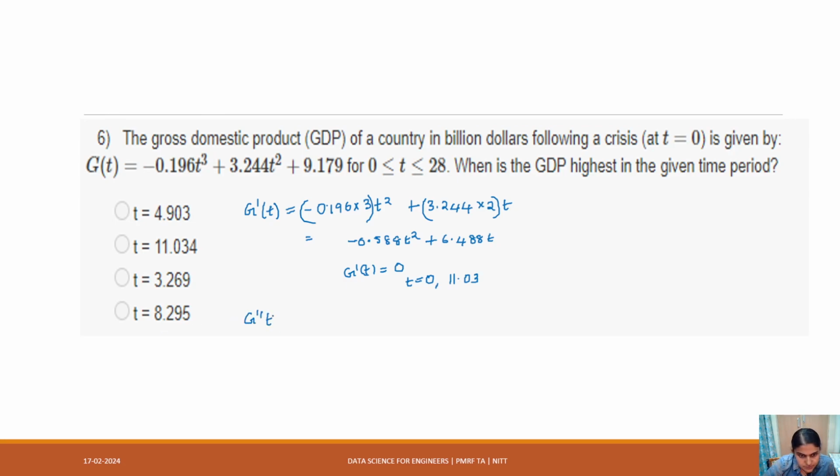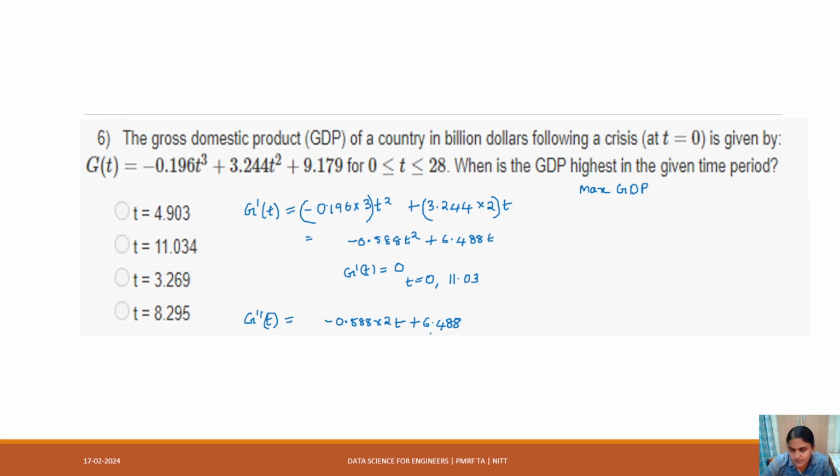Then g double dash of t. Anyway, you have to find out the highest GDP, right? That means maximize GDP. So the problem is to maximize GDP. We can find the double derivative. The double derivative will look like minus 0.588 into 2t plus 6.488.